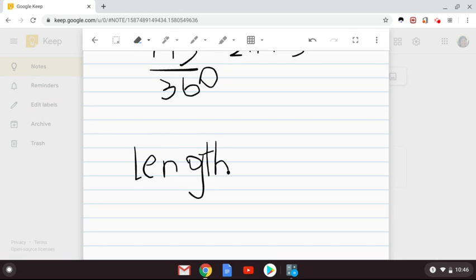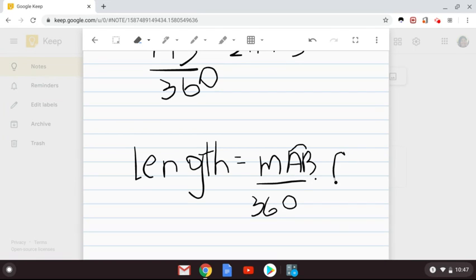So what I had was the length equals the measurement of arc AB over 360 times 2 pi r. Well, we know 2 pi r is the circumference.